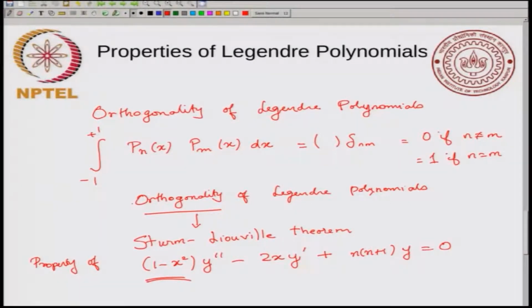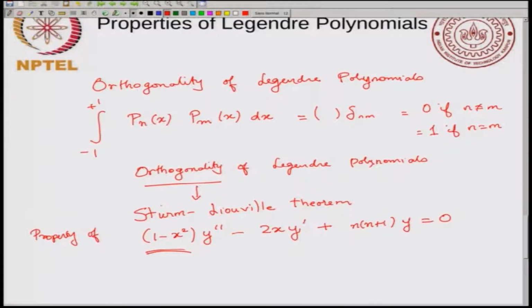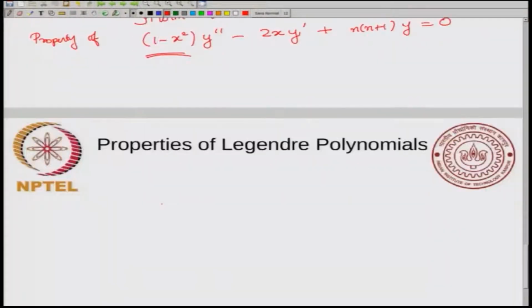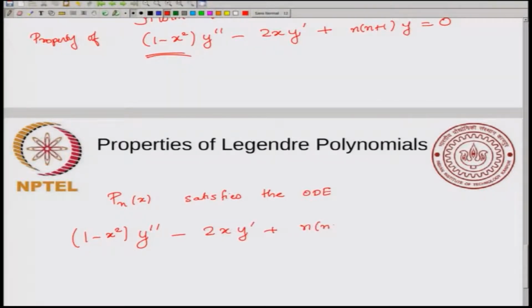I just want to mention one more thing right here: P_n(x) satisfies the ODE (1 minus x squared) y double prime minus 2x y prime plus n(n plus 1) y equal to 0.